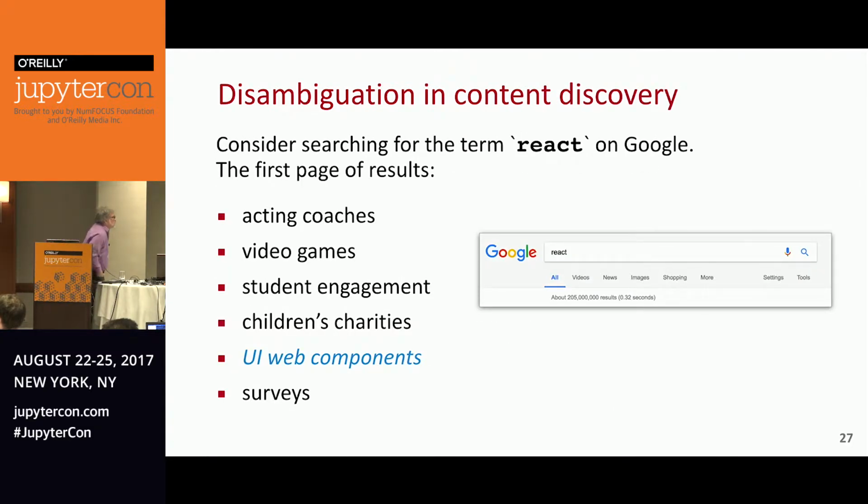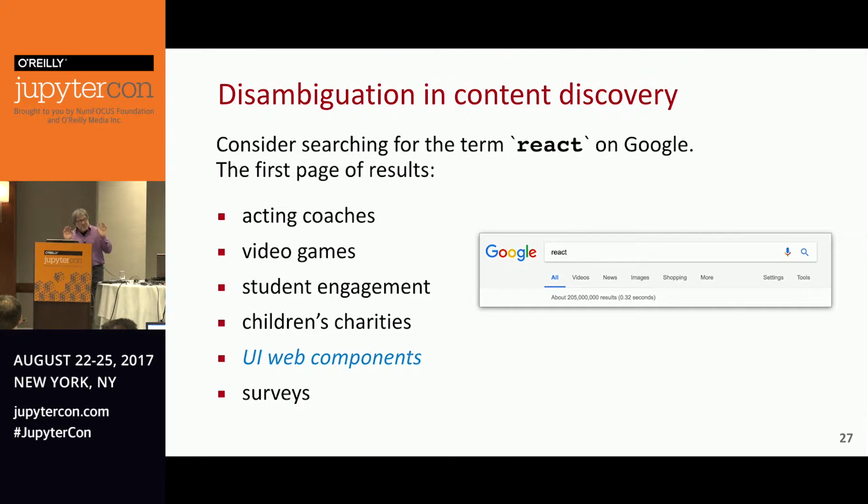So just an example, if I were to search for React on Google, my first page of results comes back with things about charities and surveys and video games and, oh yeah, UI web components. Now, with our audience, if I say React, naturally what you're talking about is business leadership. When you're conducting interviews or doing a sales meeting, how do people react? We have a lot of content about that, and that's super important.